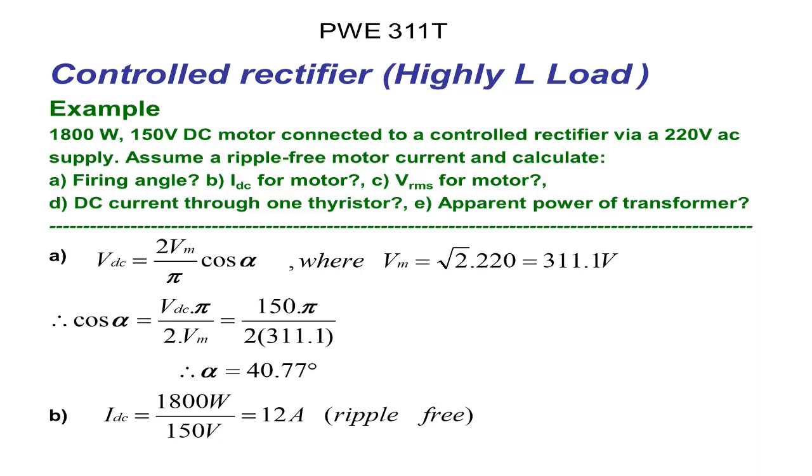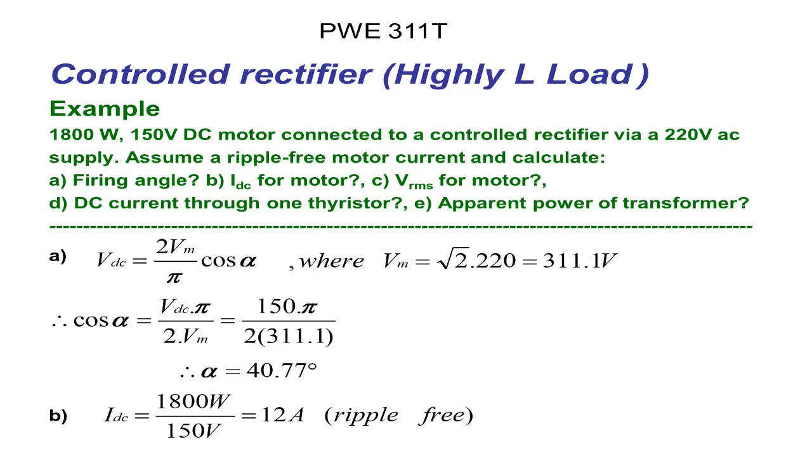So in this question, they ask us to calculate the firing angle. So you just need to write that 2 Vm over pi cos alpha is VDC. So we have to make alpha the subject of the formula, which will give you the arc cos of VDC pi over 2 Vm, where VDC is given to us as 150 volts DC.